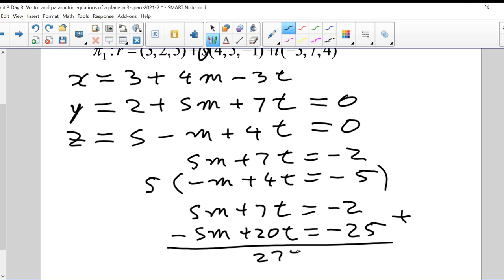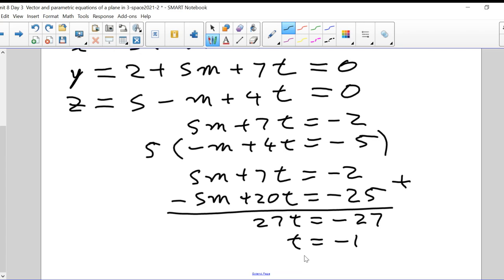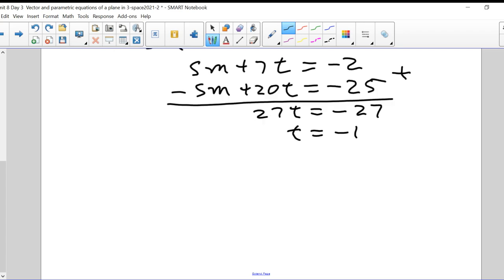So 27T is equal to minus 27. I'm just adding the t's and adding the constant on the end. So t is equal to minus 1. And because I now know what t is, it's easy enough to find what m is. I'll plug that into one of these equations.